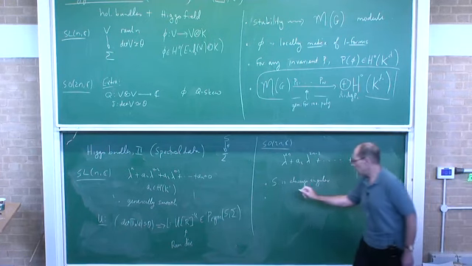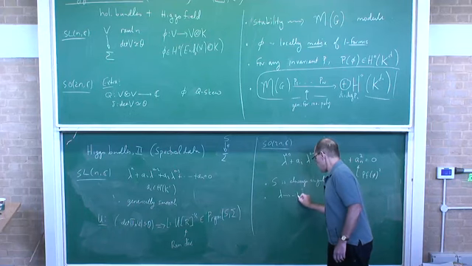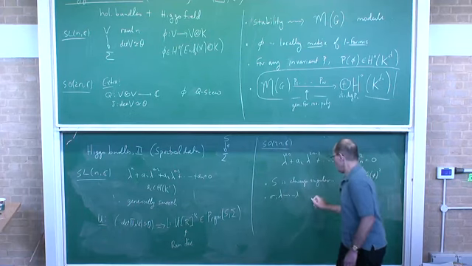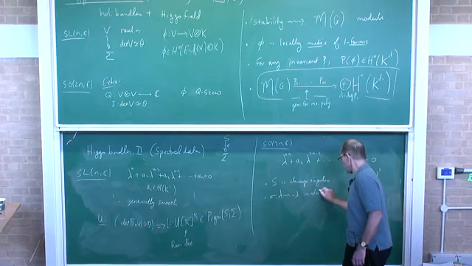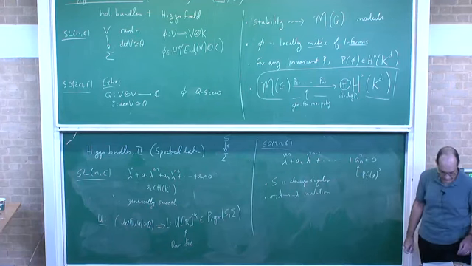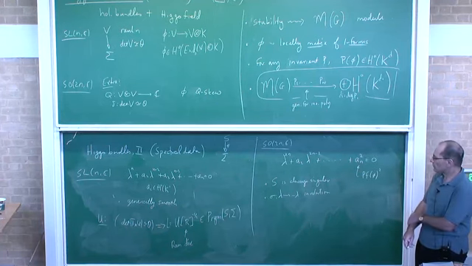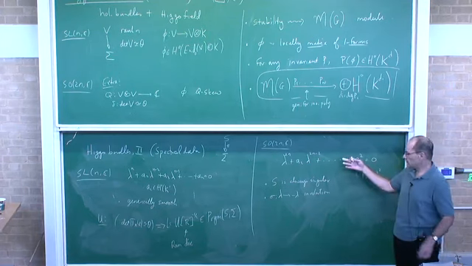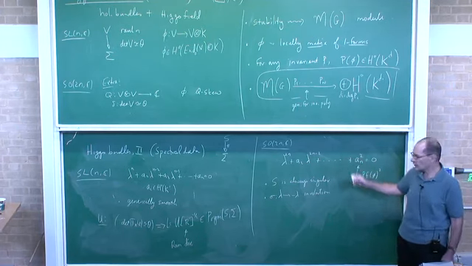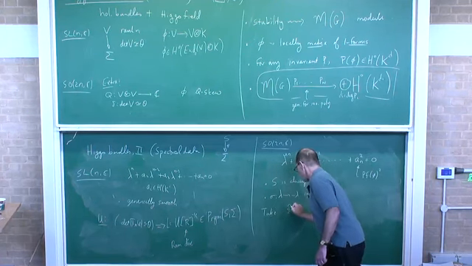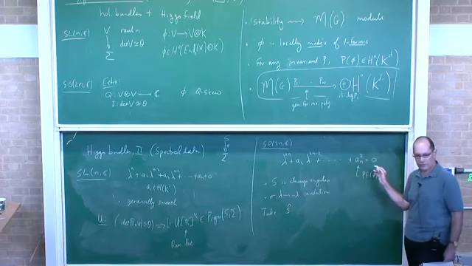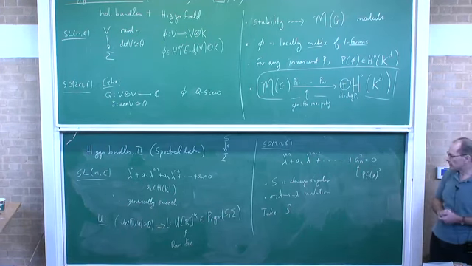You can see lambda goes to minus lambda is an involution on this curve. So it has this extra symmetry. So the spectral curve is actually the desingularization of this, which for generic choices of the points will be smooth.